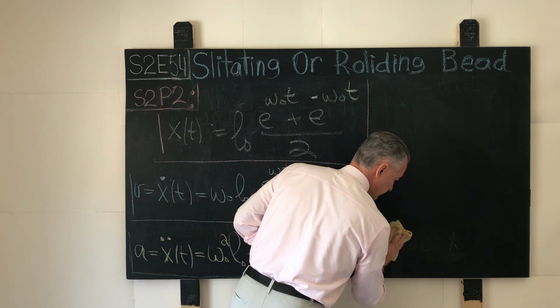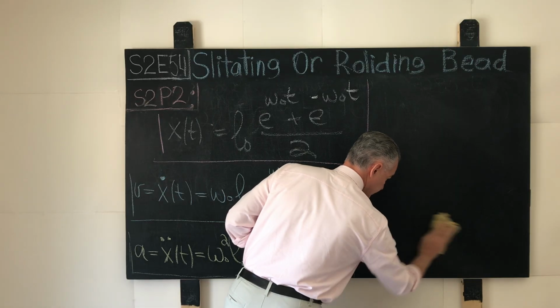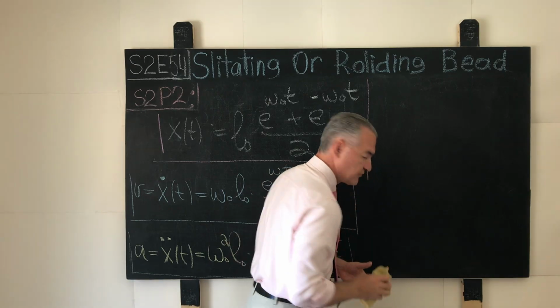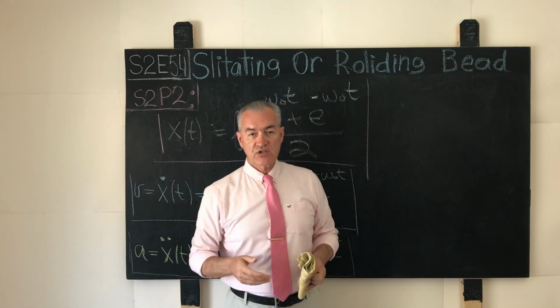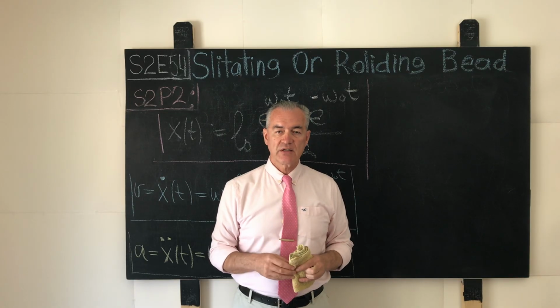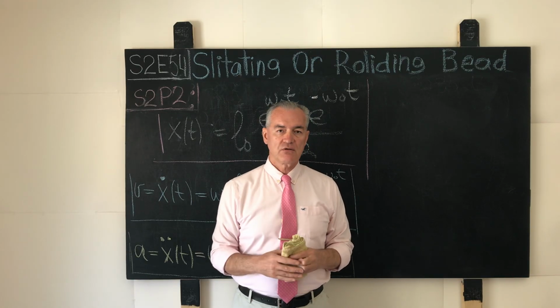So we have validated our result, and now we can answer the questions that were posed in this problem to begin with and find the separation velocity and separation time of the bead when the bead finally jumps off the rotating rod.